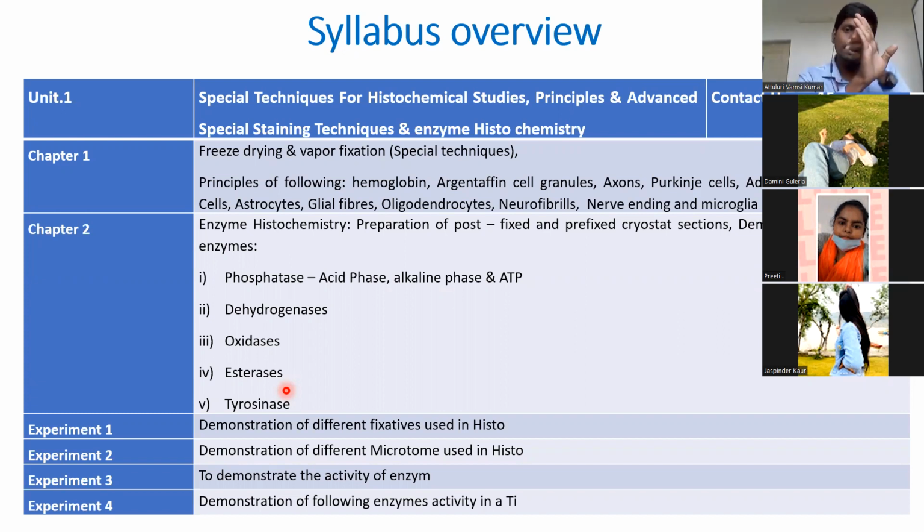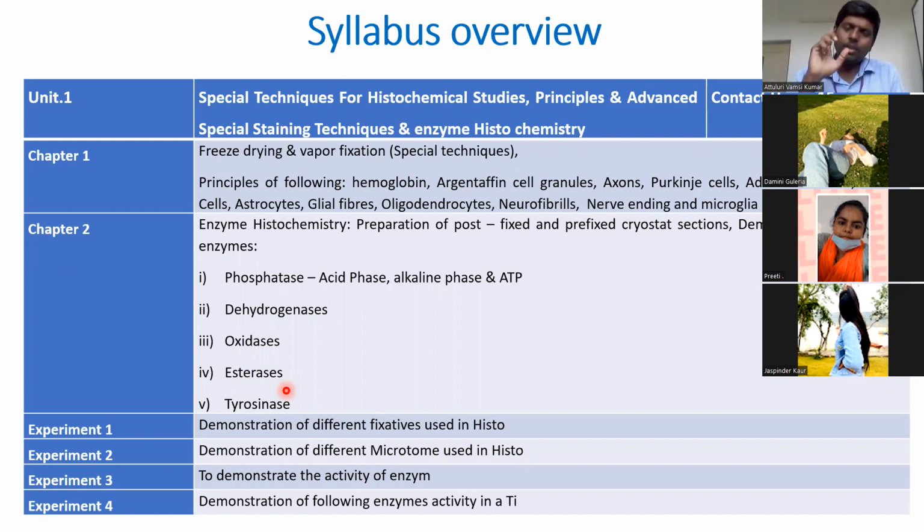Upon blocking the enzyme, now I will go with the detection of this enzyme. So in enzyme histochemistry, definitely we will use some blockers to block the enzymatic activity. After blocking, we will see whether this enzyme is reacting with the substrate or not. That is how we will study the enzymes within the tissues. Whatever enzyme we want to study, first that enzyme will be blocked.